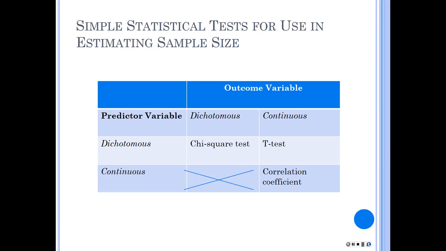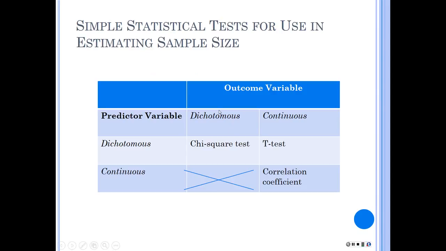So this just lays out, with regards to the type of data that you have for your outcome variable and the type of data that you have for your predictor variable, what statistical test will be appropriate, which is going to help you determine which statistical calculator and which equation to use when you're estimating your sample size.